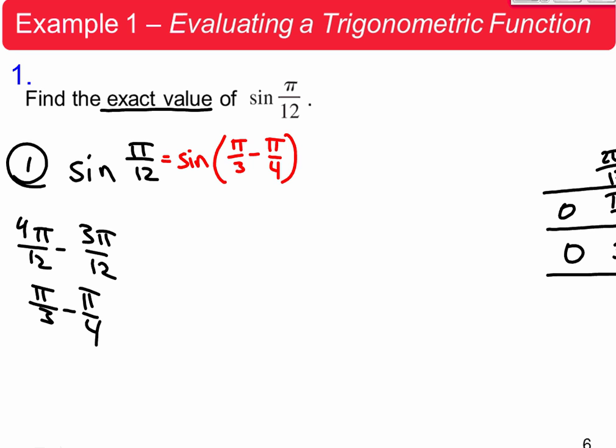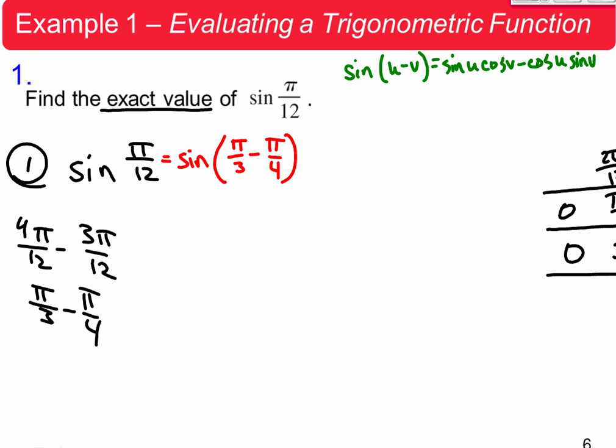So the formula that we're going to use is the sine of u minus v is equal to sine u cosine v minus cosine u sine v.